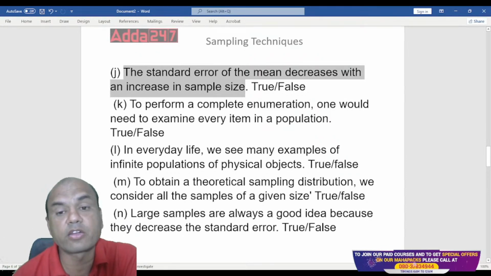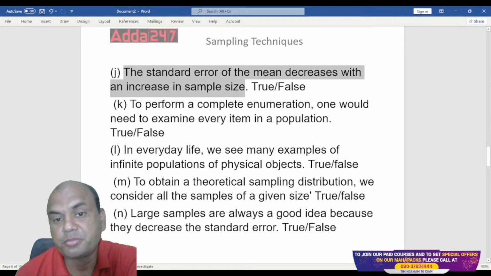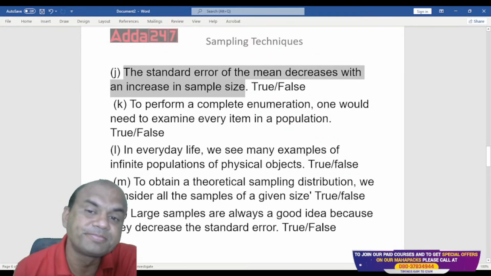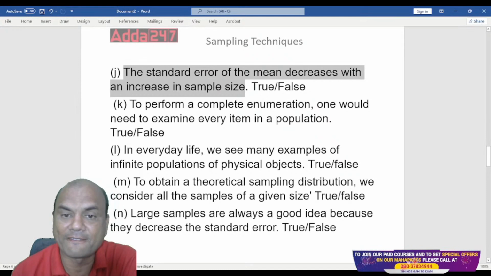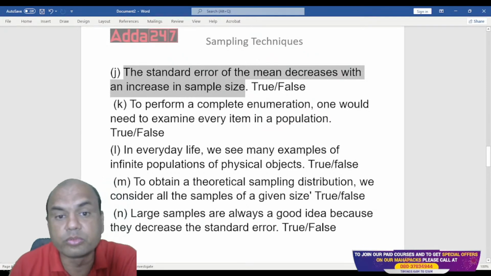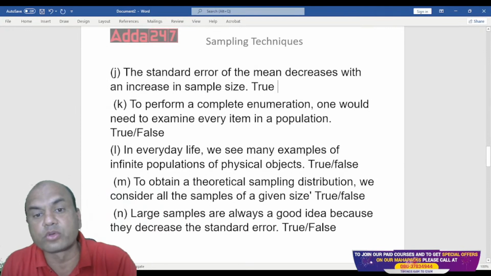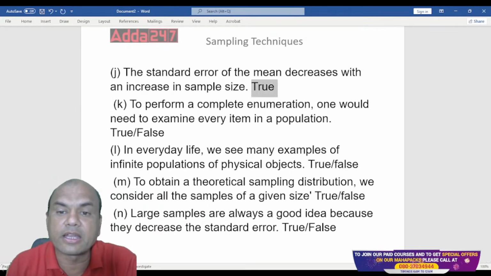The standard error of the mean decreases with an increase in the sample size. It is true. That is the basic rule of sampling, so the standard error will decrease.